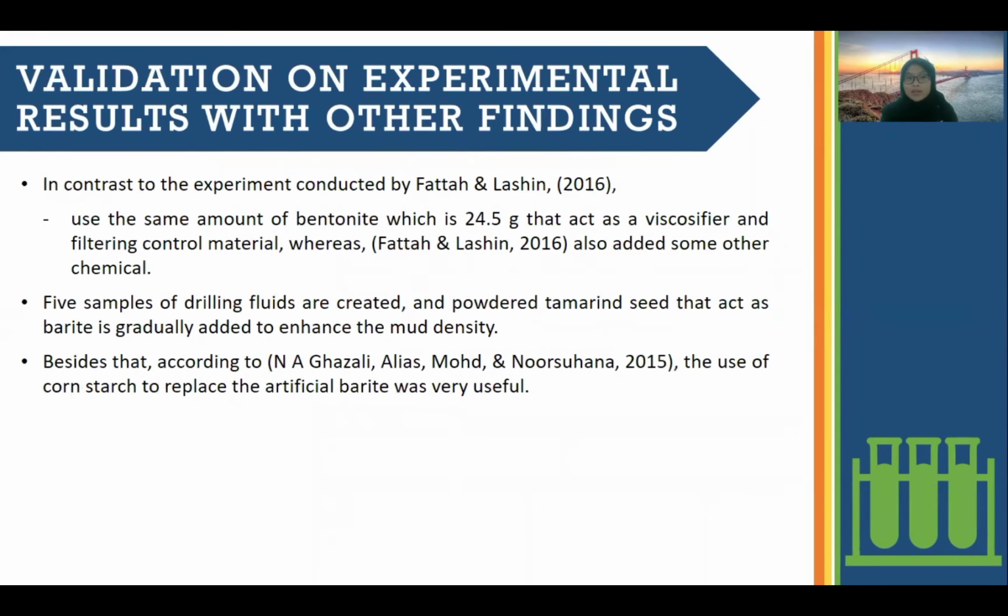This is due to, in contrast to the experiment conducted by Fatah and Lashin, we used the same amount of bentonite, which is 24.5 gram, that acts as a viscosifier and filtration control material, whereas Fatah and Lashin added other chemicals, which are 0.2 gram of caustic soda, and starch, filtration, hardness, and rheology control materials with weights of 0.4, 0.25, and 1 gram, and also about 305 gram of calcium carbonate.